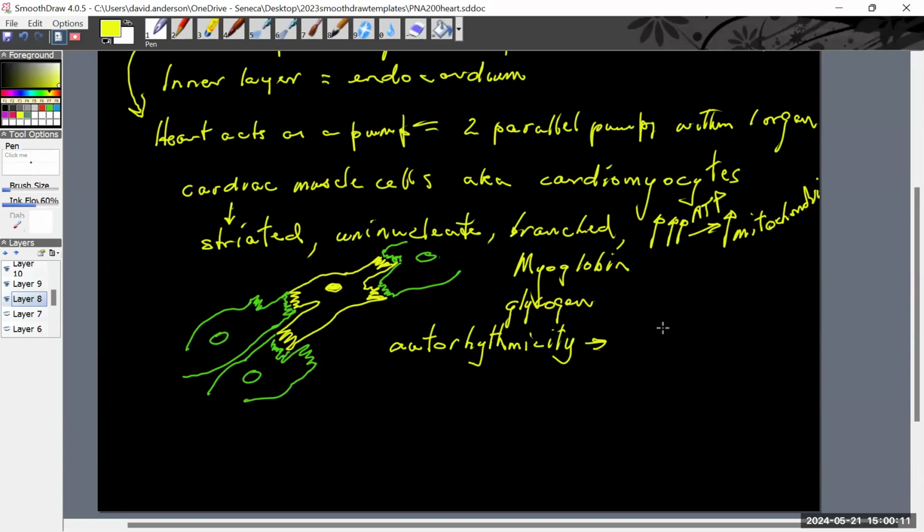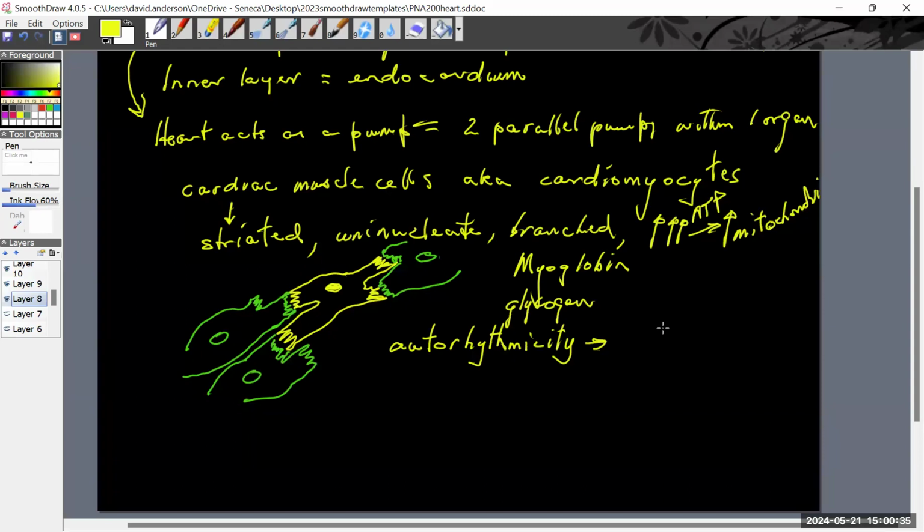You remember that skeletal muscle needed an electrical signal from a neuron in order to depolarize. These cells have the capacity to beat in the absence of an electrical signal from a neuron. But they beat in a type of performance that's referred to as autorhythmicity, and it is independent of other cells.